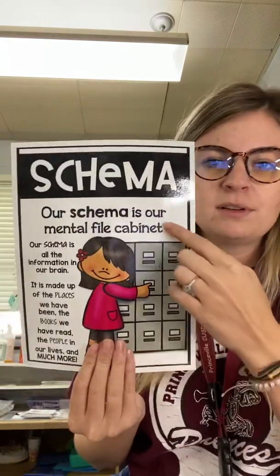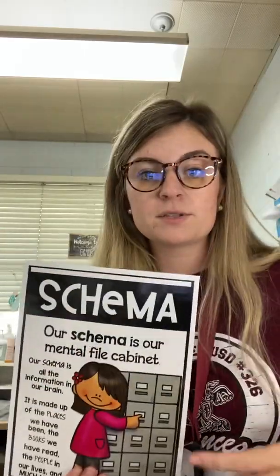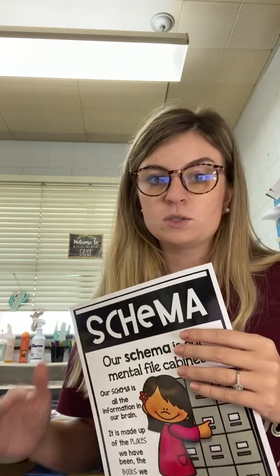Now, schema is an academic word that is really cool. Schema is like your mental filing cabinet. So everything in your brain, everything you remember, maybe it's even like songs that you remember, memories of when you were very little, places you've gone, the friends you have, anything that you store in your brain, that is part of your schema. And this schema will help you figure out what the author is really trying to tell you.